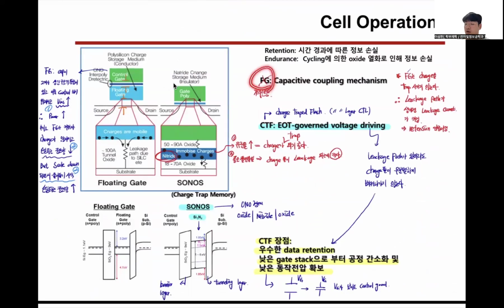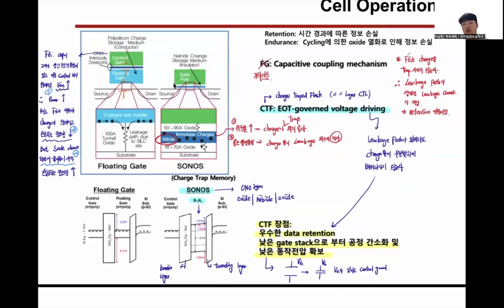The floating gate has many problems, as I told you before. The cell size is much bigger than the charge trap flash, so it costs many resources. So we take advantage of the charge trap CTF.